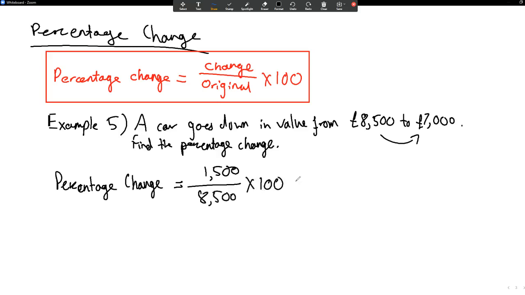And if we do that, we get 17.65%. But remember, it's always good to say if it's an increase or a decrease. Now in this case, we can see it's a decrease because the value's gone down. So we can write 17.65% decrease.